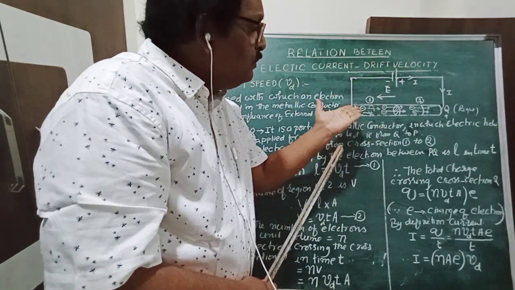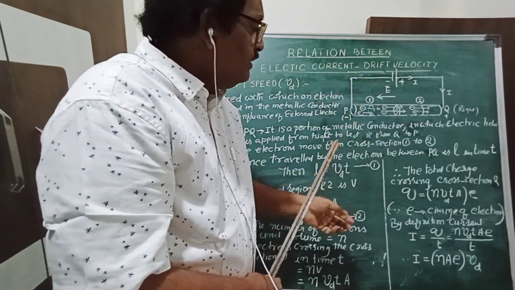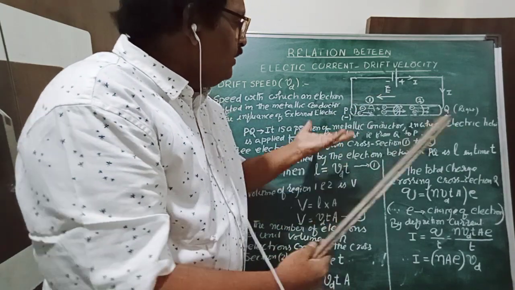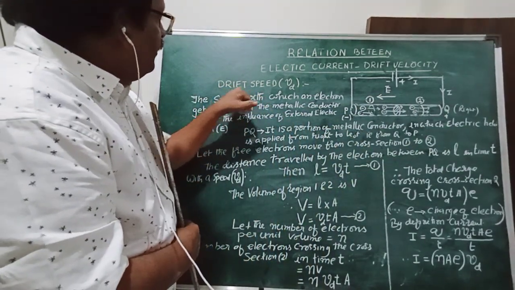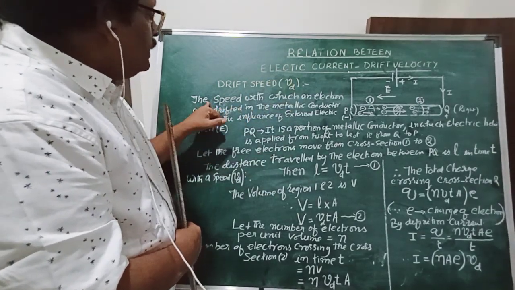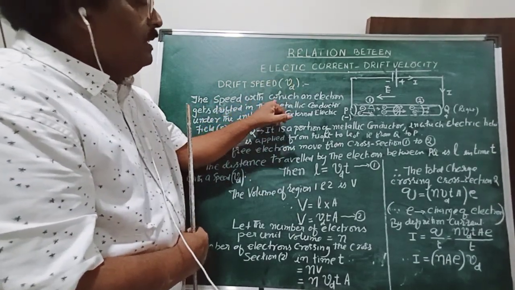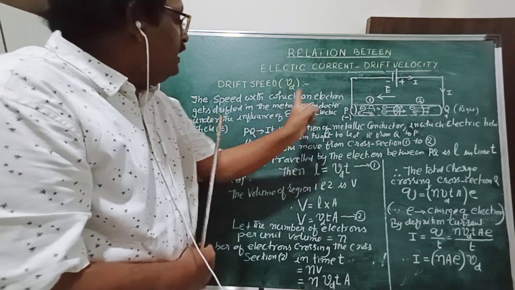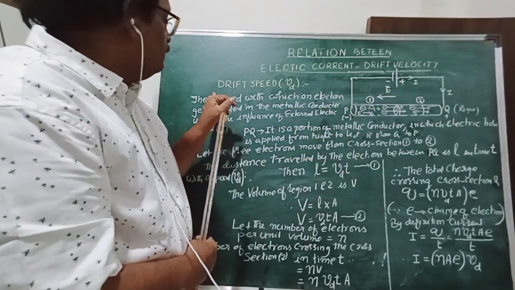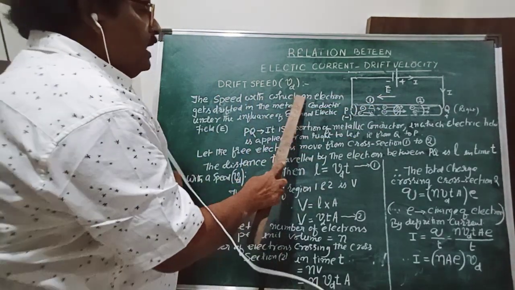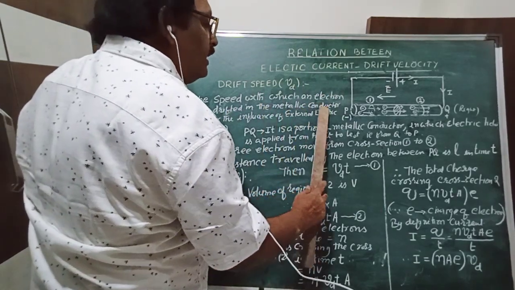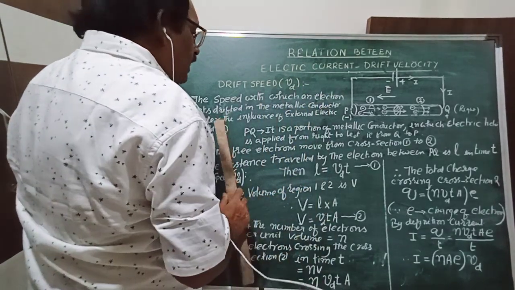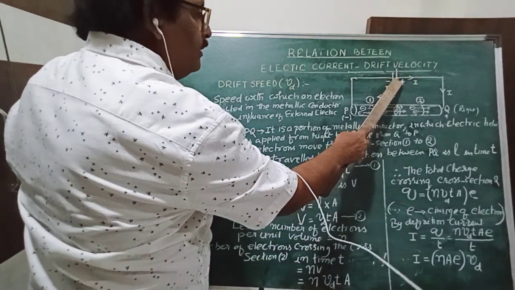What is the speed? The speed of those electrons within the conducting material is called drift speed. That's why we have defined here the drift speed Vd: it is the speed with which an electron or the electrons get drifted in the metallic conductor under the influence of an external electric field.